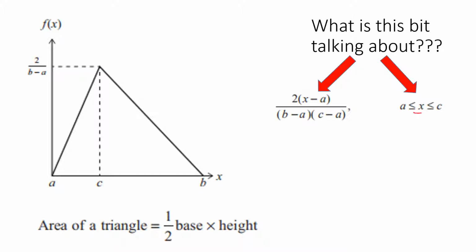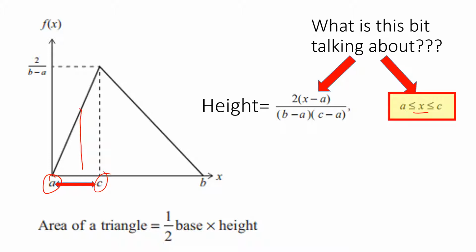Well, it says that x is in between A and C. Well, there's A, there's C, so any x, any height that we wanted to work out that was somewhere in there, say, that place, we use that formula. And remember, that's the height.